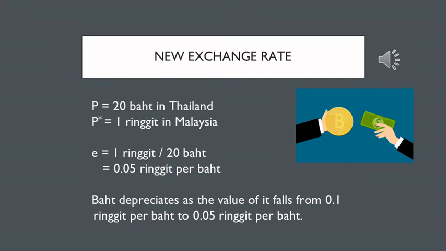By using the same formula, 1 ringgit over 20 baht, the new exchange rate will be 0.05 ringgit per baht, and the baht depreciates as its value falls from 0.1 ringgit per baht to 0.05 ringgit per baht.